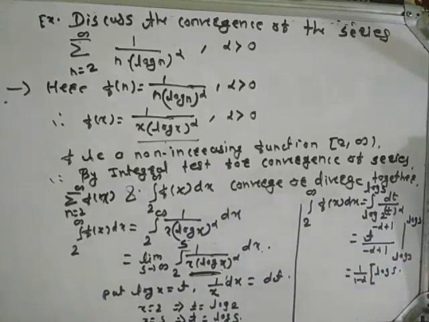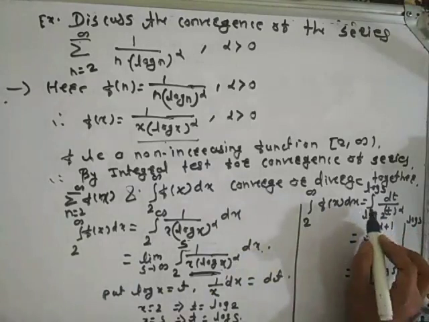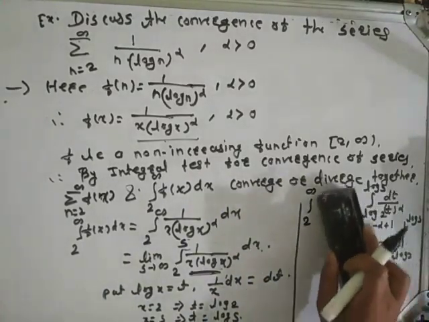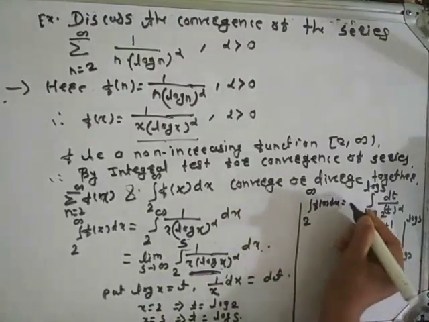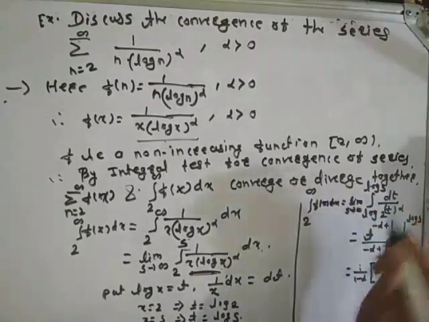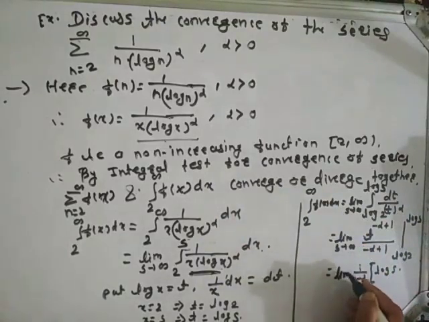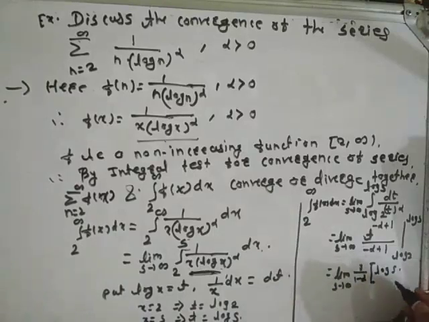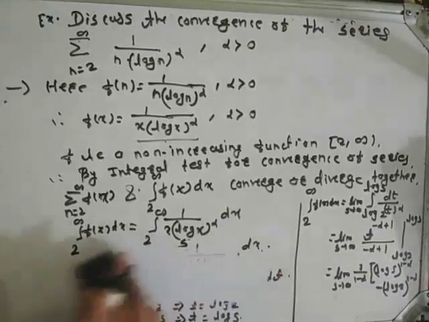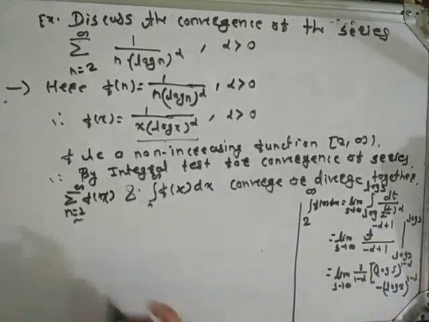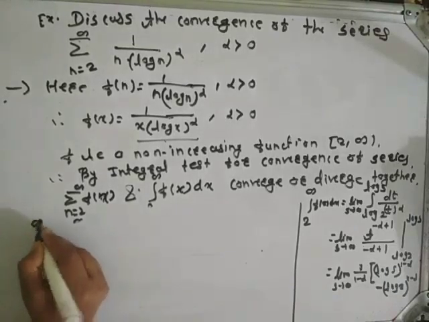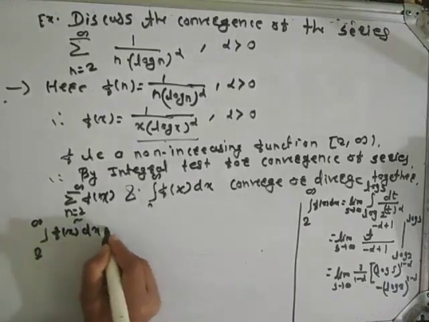Actually this is the limit as s tends to infinity of f of x dx, which equals the limit as s tends to infinity of 1 upon 1 minus alpha times (log s raised to 1 minus alpha minus log 2 raised to 1 minus alpha). Now put the limit.